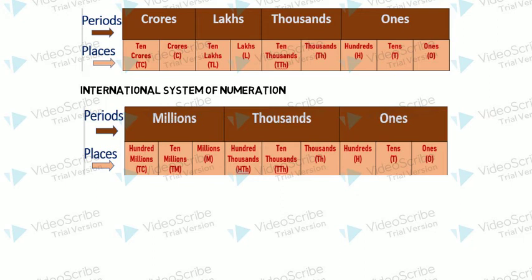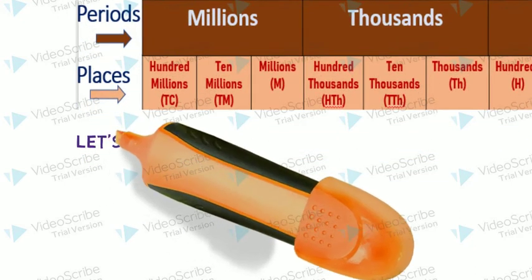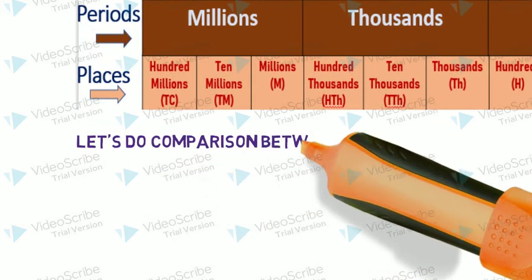Similarly, in millions also we have three places, millions, 10 millions, 100 millions, and after that billions will come, and so on. So we can say in the international system of numeration, three places are there for each of the periods.